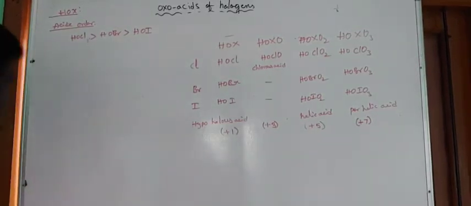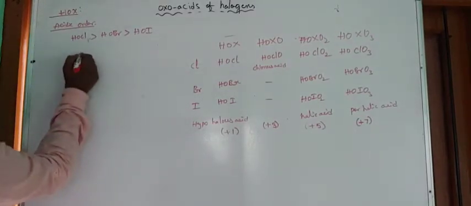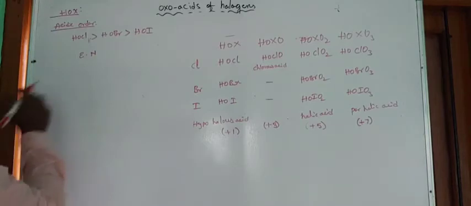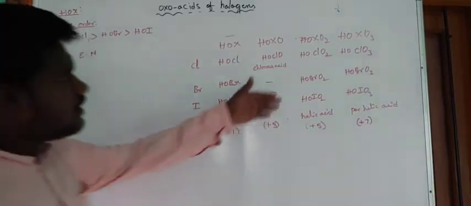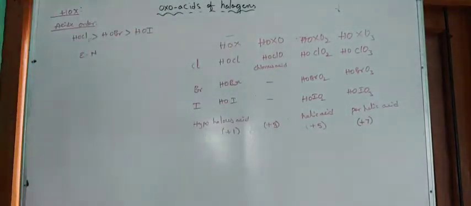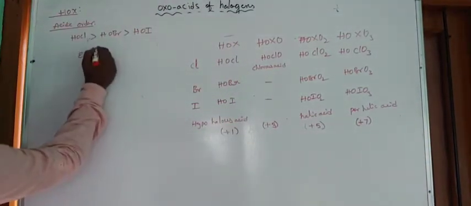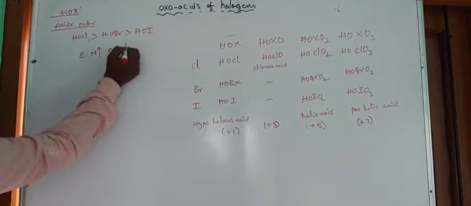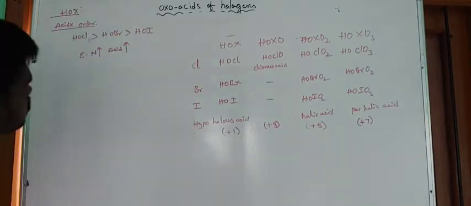So what is the reason here? The reason is electronegativity of the halogen. Not only in these acids, but also in the halic acids and perhalic acids, as electronegativity of the halogen increases, the acidic character also increases.